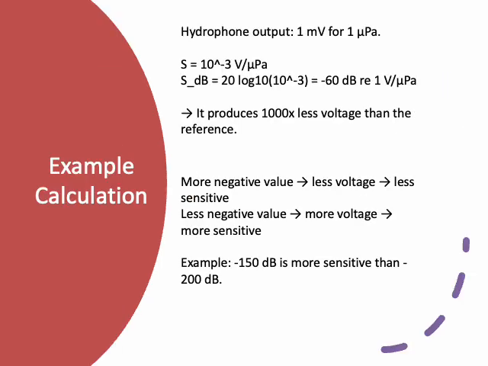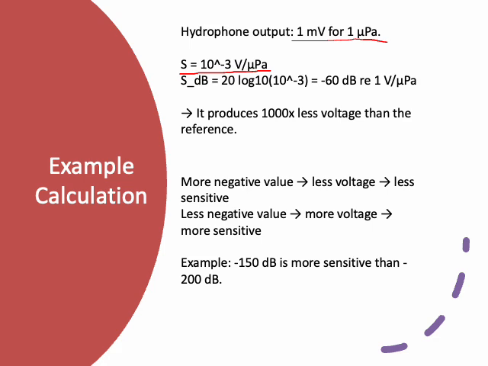Let's try an example. Suppose a microphone produces 1 millivolt for a 1 micropascal sound. We know sensitivity is voltage in volts divided by pressure in micropascal. Therefore, it becomes this value.